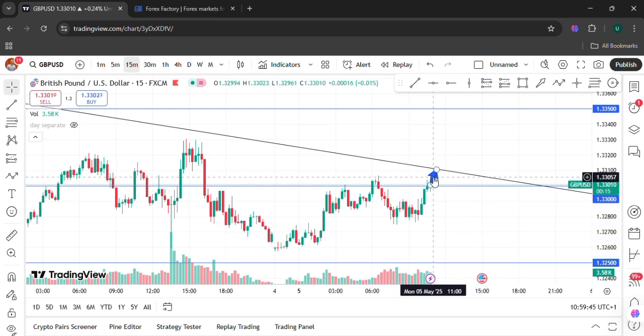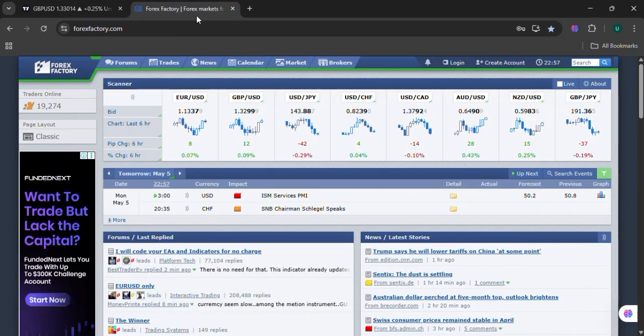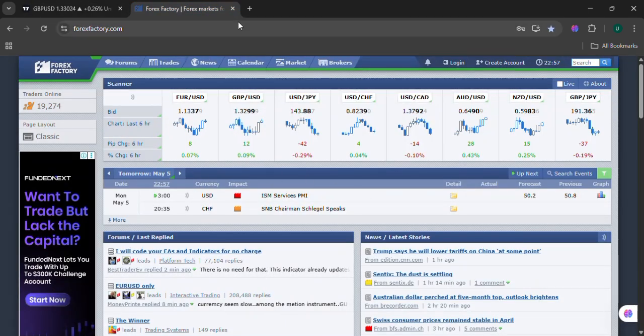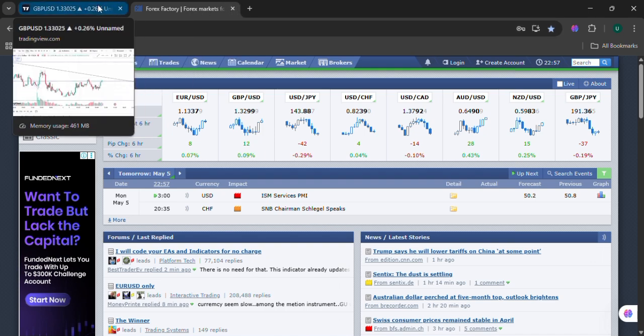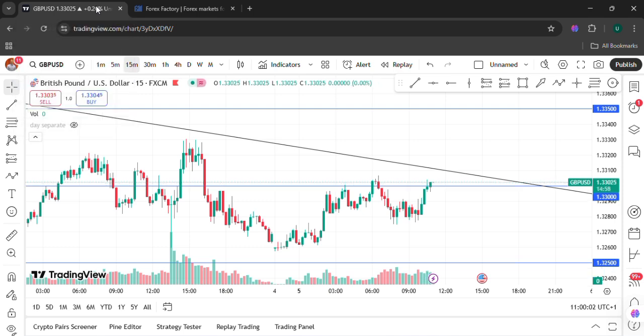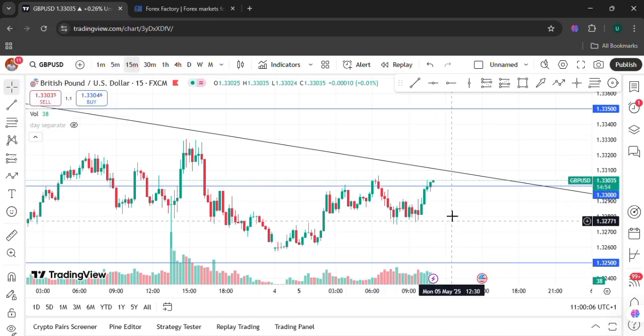So that is it on this analysis. By 3 o'clock, we'll be looking out for the news to know what is out. Before 3 o'clock we won't be going into a trade, but we can go into a trade now because it's still in the morning around 11 o'clock. So this trade is still relevant. We can go ahead and put our entry here.